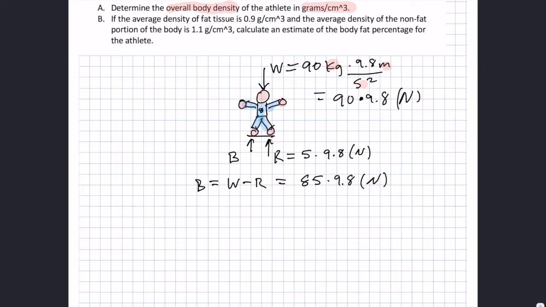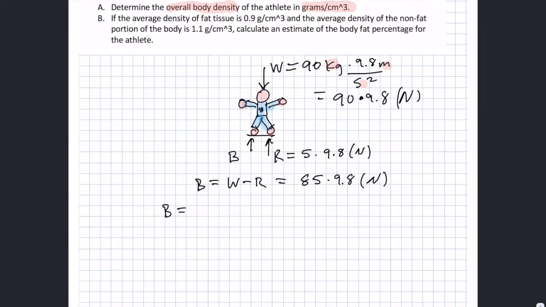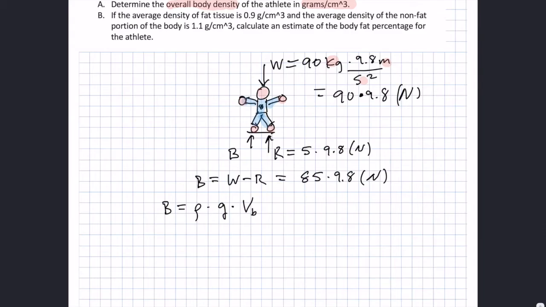From there, we know the equation for buoyant force. It's going to be the density of the fluid that's displaced, in this case the density of water, times gravity times the volume of the water that's displaced, which in this case would be the volume of the body, almost.